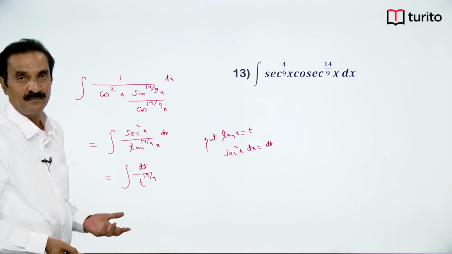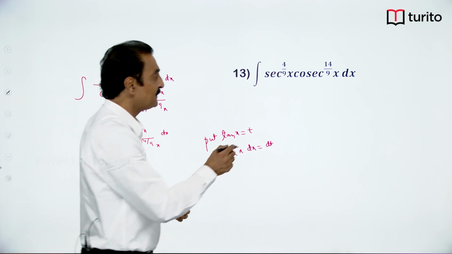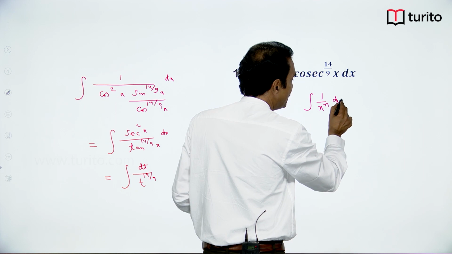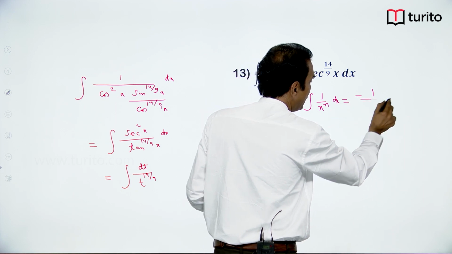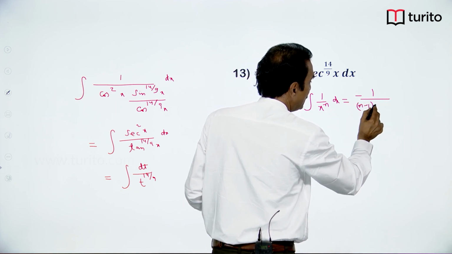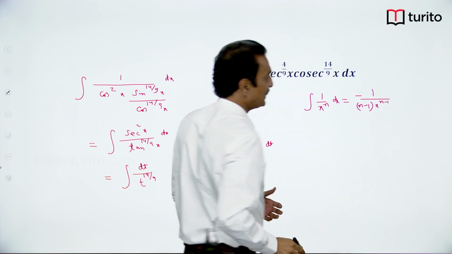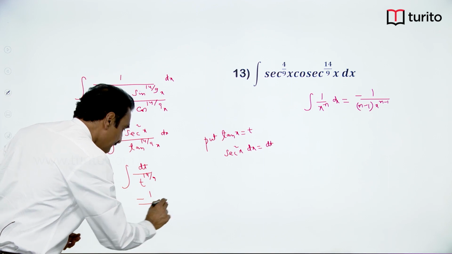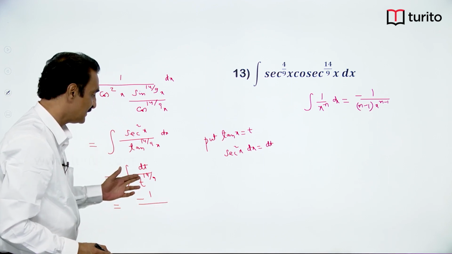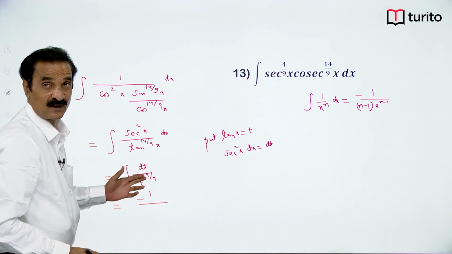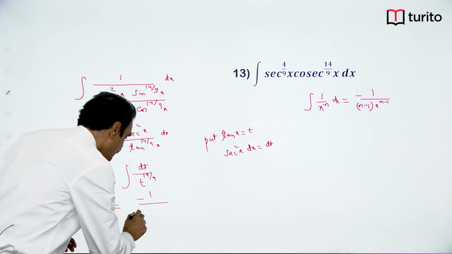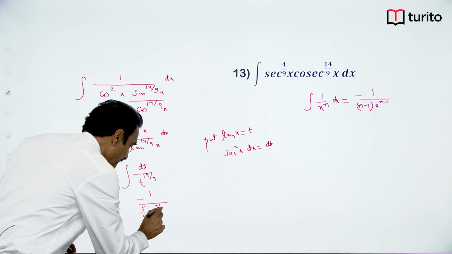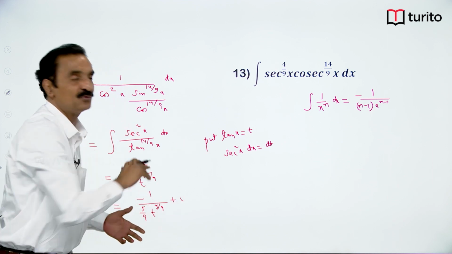You can integrate. I have given the formula for integral of 1 by x power n. What is it? Minus 1 by (n minus 1) x power (n minus 1). So, minus 1 by (n minus 1) means 14 by 9 minus 1, 5 by 9, t power 5 by 9, plus c, substitute t. Okay.